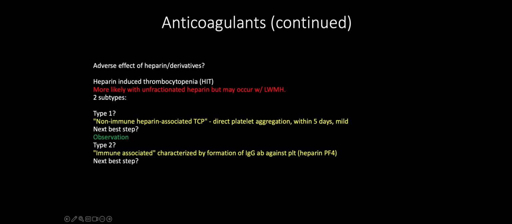What do we do? So I've actually had patients with type 2 HIT, and what we want to do there is discontinue heparin immediately. However, type 2 HIT often occurs because it's an autoimmune response, actually several weeks after heparin was given.